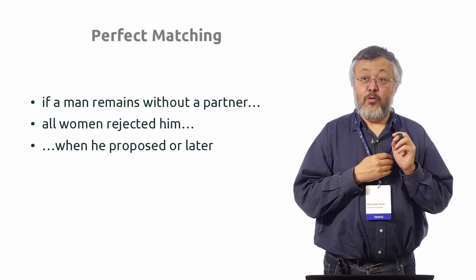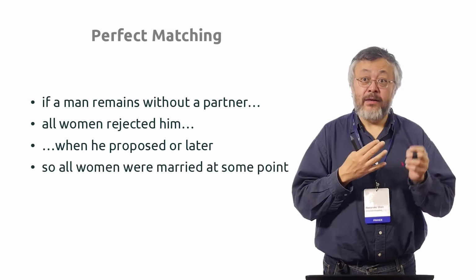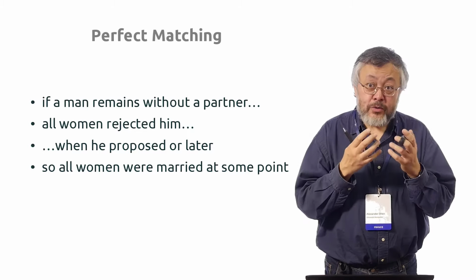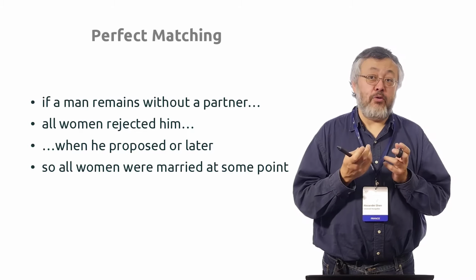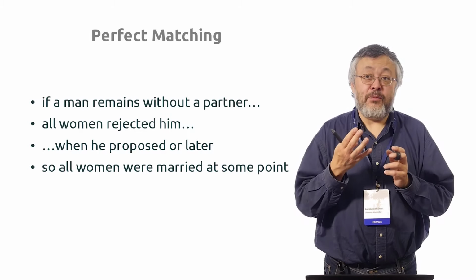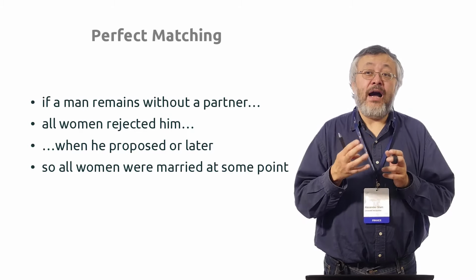So what does it mean? What does it imply? We can conclude that all women were married at some point, because if they rejected him, either they were married at the same time immediately, or they were married to him. So anyway, they were married at some point. And we know that for them the situation can only improve.